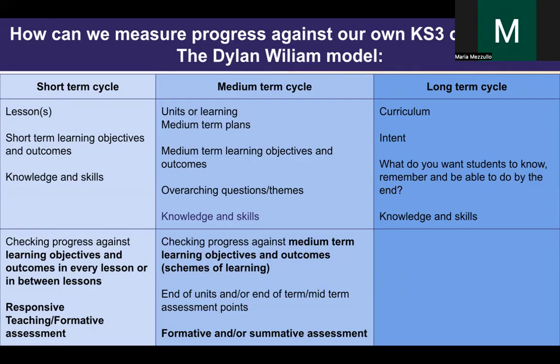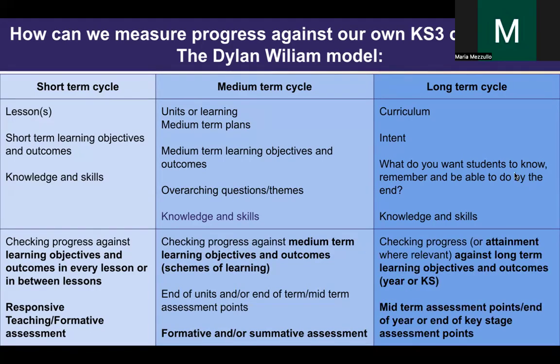Okay, and you might be sampling at this stage, or you might set them something on everything they've done for that unit. Now, when we get to the long-term cycle, this is what we're talking about in terms of true summative assessment. So you're checking here progress, and often you're checking attainment, okay, at the end of a particular cycle, and that might be at a particular data drop point or assessment point, or end of the year, or end of the key stage, okay?